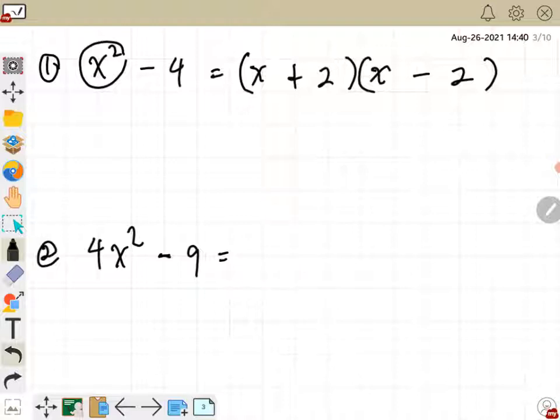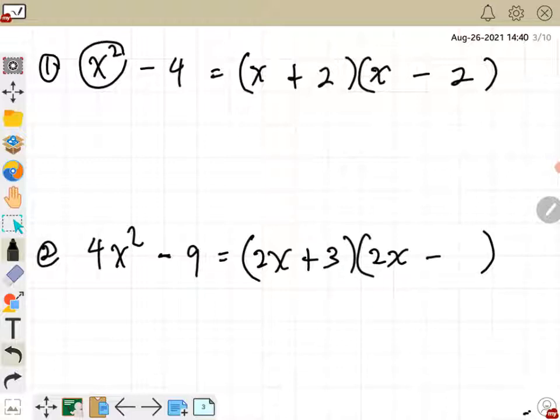Number 2, we have 4x square minus 9. So 4x square is a square, 9 is a square. The operation is minus or subtraction, so we can split this into 4x square is 2x and 2x, then plus and minus. 9 is 3 and 3.